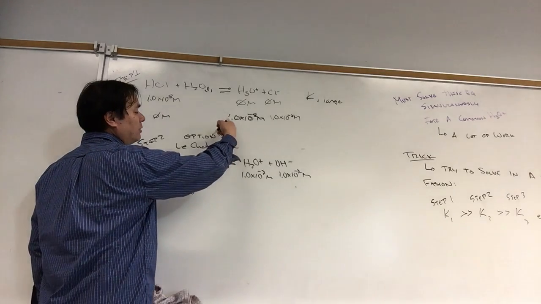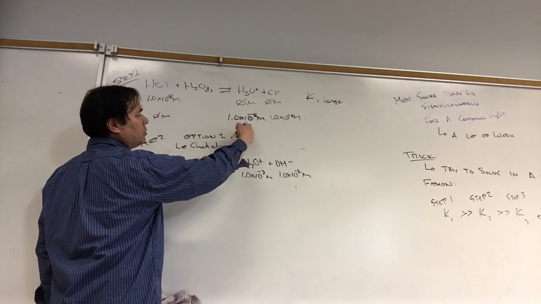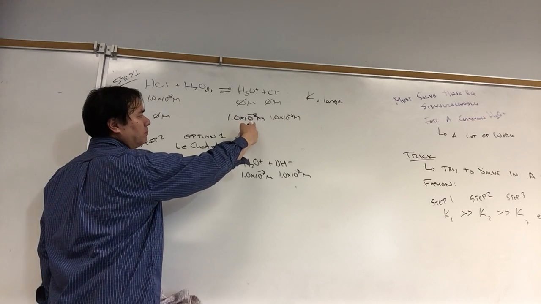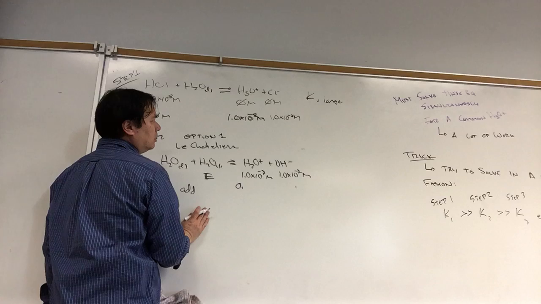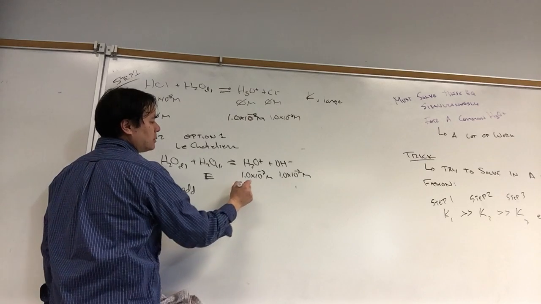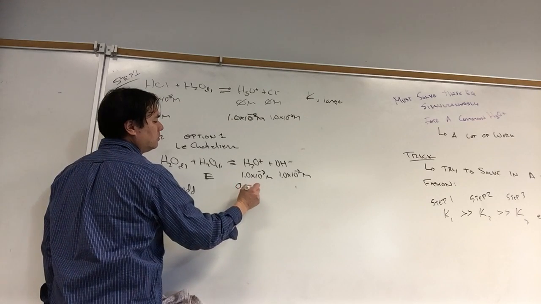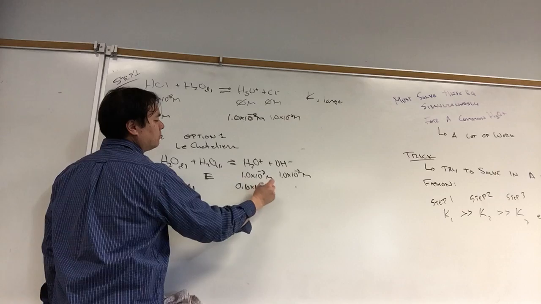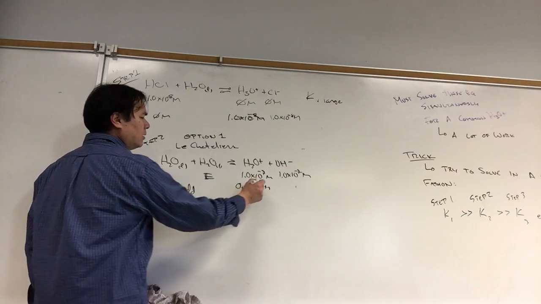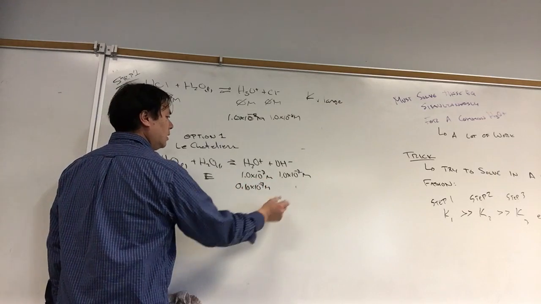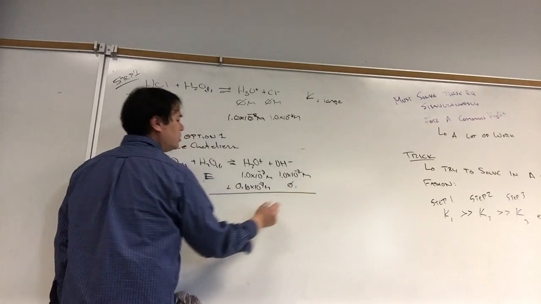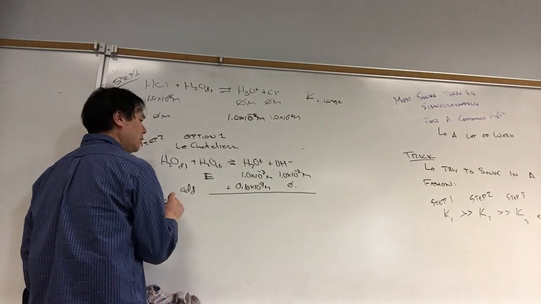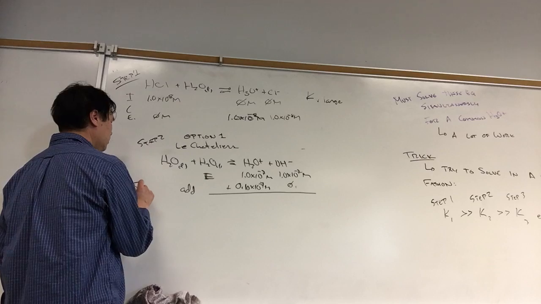And so how much HCl are we adding? We're adding 1.0 times 10 to the minus 8 molar, which would be 0.1 times 10 to the minus 7 molar. And we're not adding any hydroxide, so we're adding some more hydronium. This is from HCl, from step 1.